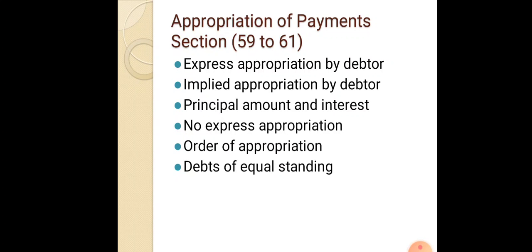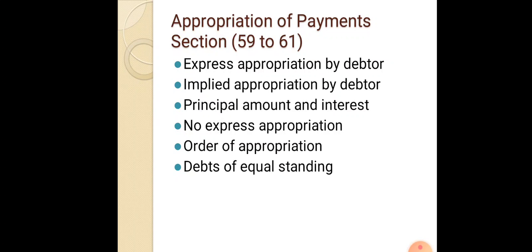For example, X owes Y, among other debts, rupees 2000 upon a promissory note which falls due on 1st July. He owes Y another debt of this amount. On 1st July, X pays rupees 2000 to Y. The payment is to be applied to the discharge of the promissory note.